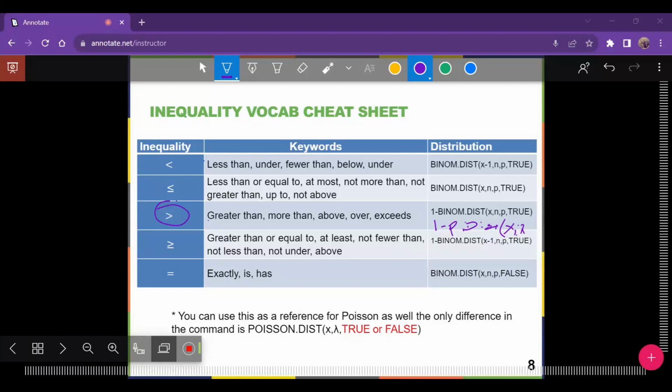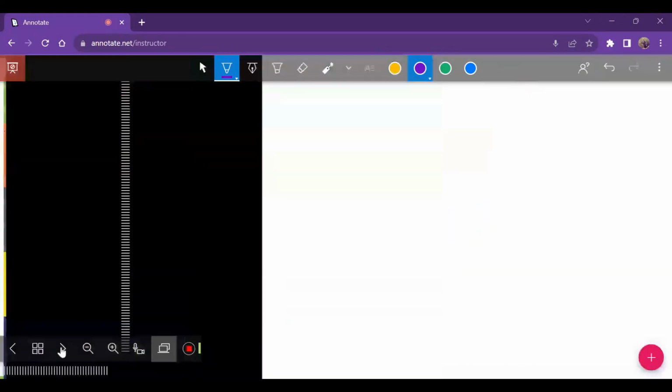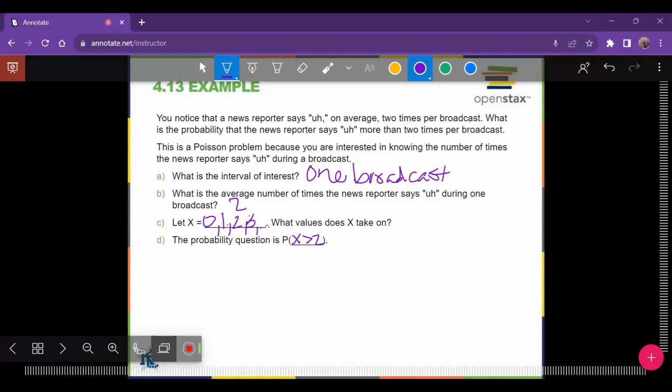So we're going to say true and click enter. So the probability that she will say more than twice would be 0.3233. So when we go back to this problem here, this probability is equal to 0.3233.